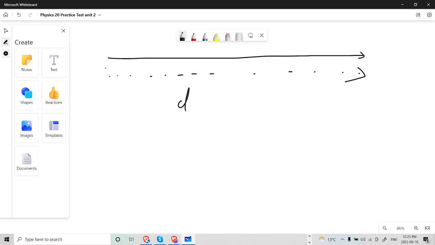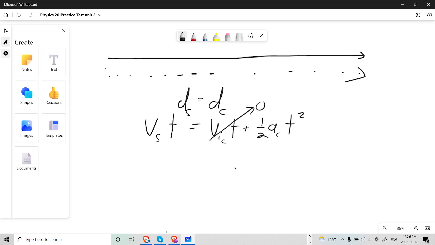So the distance that Sam runs is equal to the distance Chad runs. That's Sam's velocity times time, whereas the distance Chad runs is going to be Chad's initial velocity times time plus 1/2 Chad's acceleration times time squared. But his initial velocity is 0, so we can cancel that term. So it's v Sam times time and 1/2 Chad's acceleration times time squared.